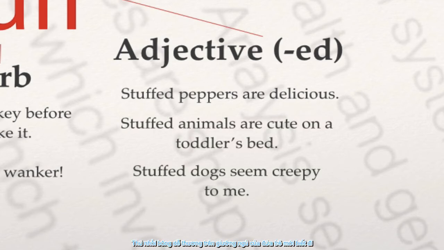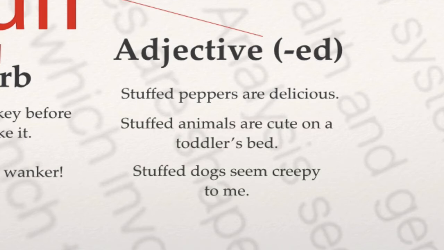We might have a sentence like stuffed animals are cute on a toddler's bed, so the animals in this case are stuffed, meaning they're stuffed with cotton. But if you look at the next one, stuffed dogs, that is a stuffed animal, but it's a different kind of stuffed animal. Stuffed dogs seem creepy to me, so in that case we're talking about taxidermy, right?